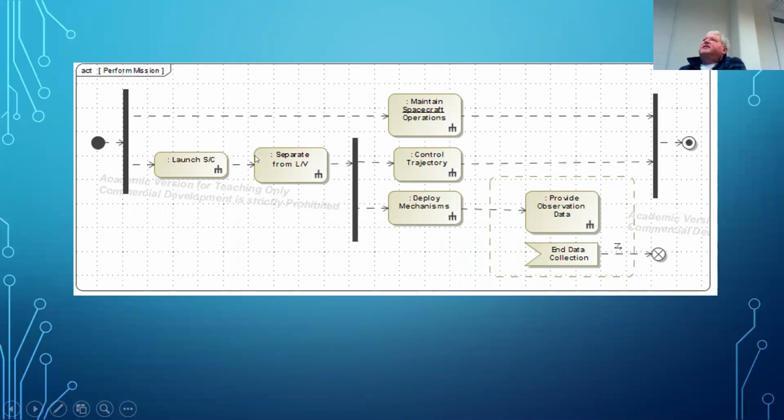You'll notice this one is high level. What's unusual is that it's just flowing left to right, which is fine. You could have had multiple swim lanes if you wanted to, going left to right or up and down, but this one just goes across because these are the high-level operations, perform mission. This is a really good picture to show that, let's say you have a use case as perform action.